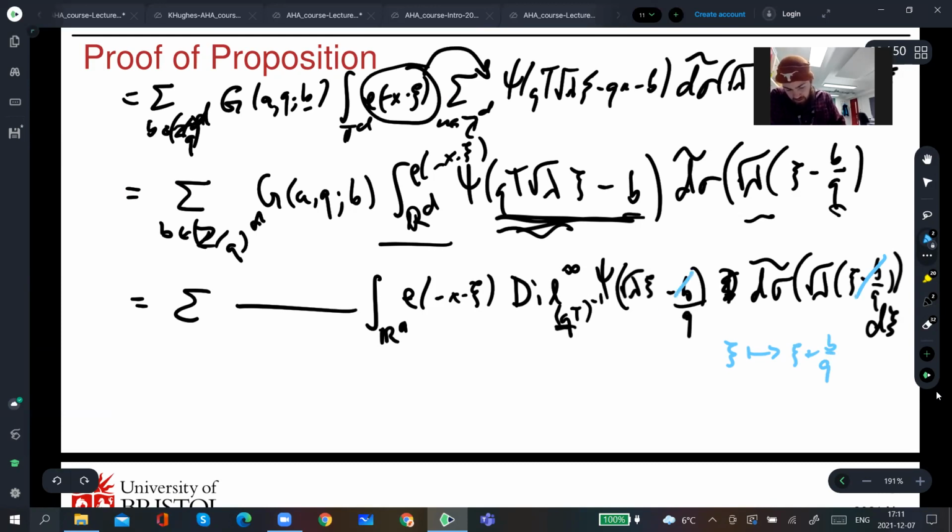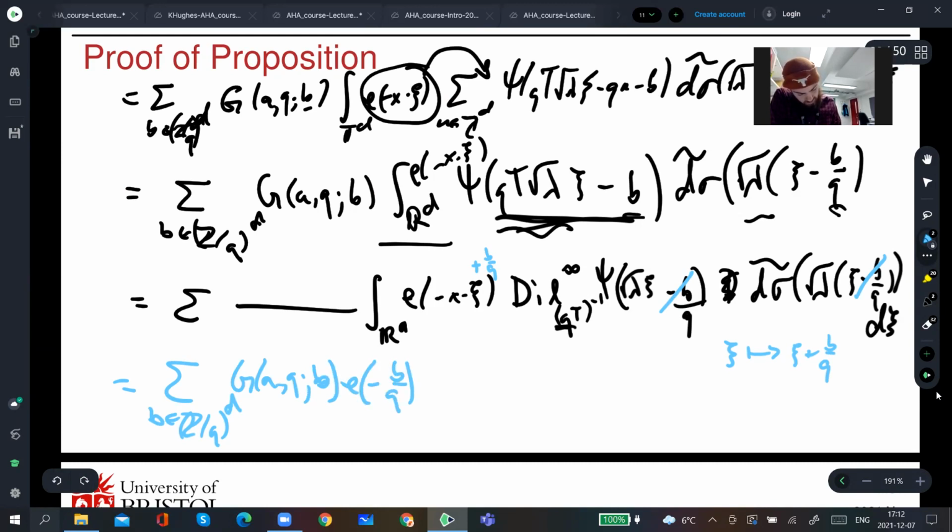Okay, that gets rid of this, gets rid of this. It comes up over here plus b over q. But then I can pull that out, and that's actually a sum over b and z mod q. So d, g, a, q, b, e of minus b over q, right?